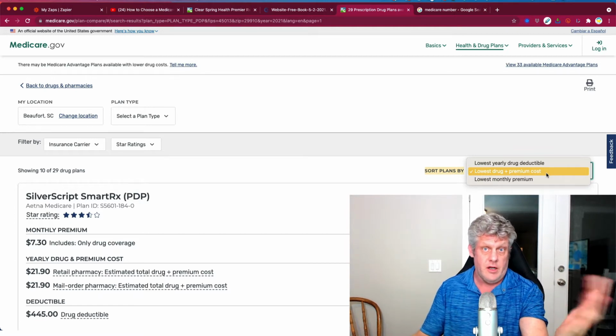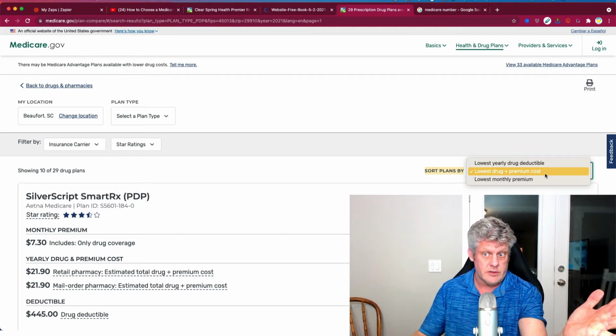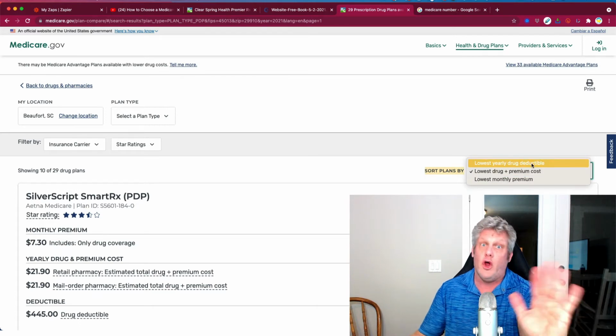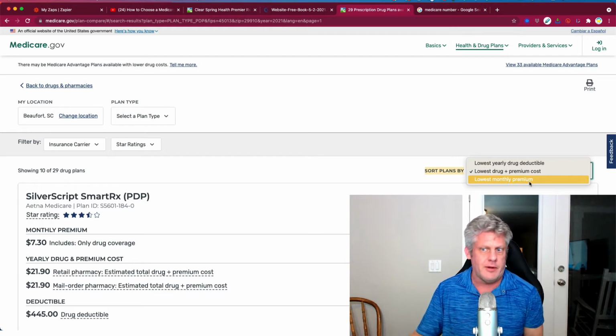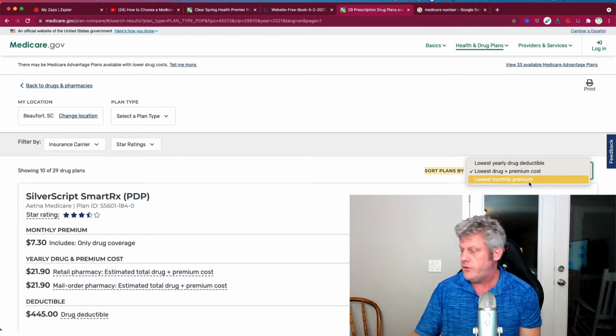Because they're not free. You have to pay co-pay, co-insurance, and the insurance company pays most of it, but you've got to pay some. So no point in looking at the drug deductible. Don't use that. Don't use the lowest premium. That's the worst mistake people make with these drug plans. Oh, I got a low premium. That means nothing. If the plan doesn't cover your drugs, you're up the creek without a paddle. So lowest drug and premium cost.